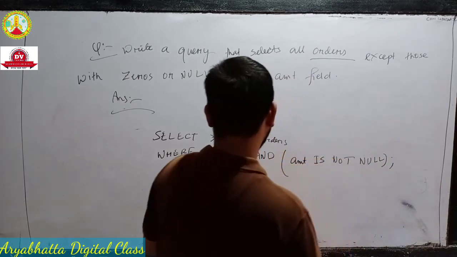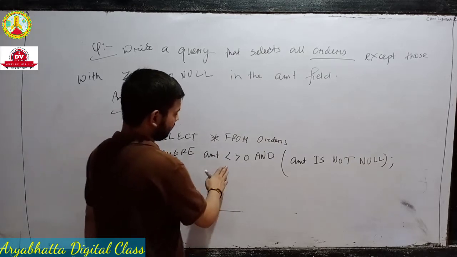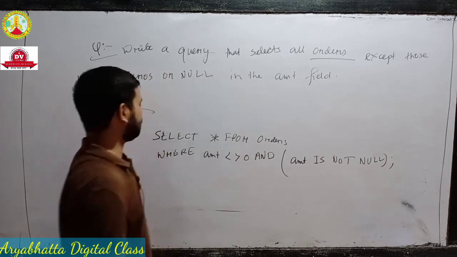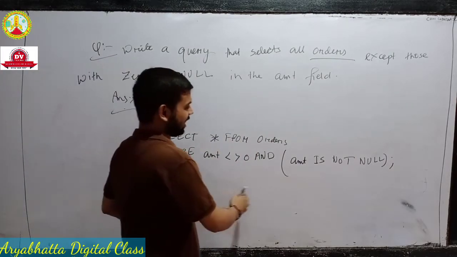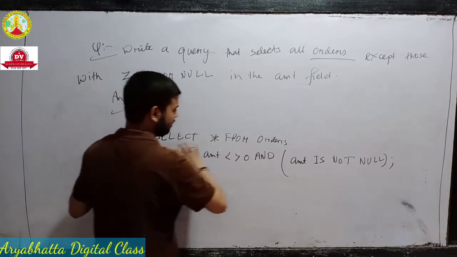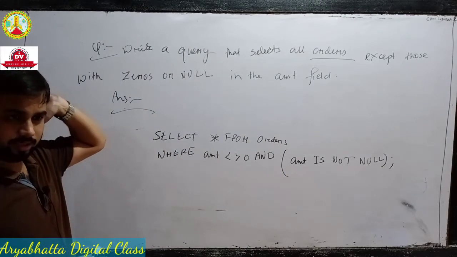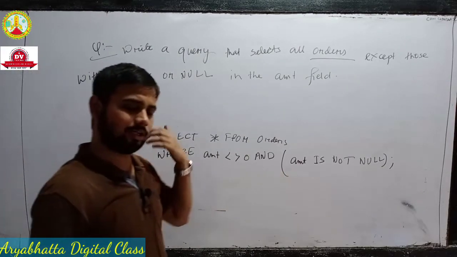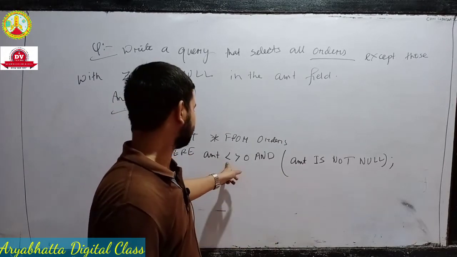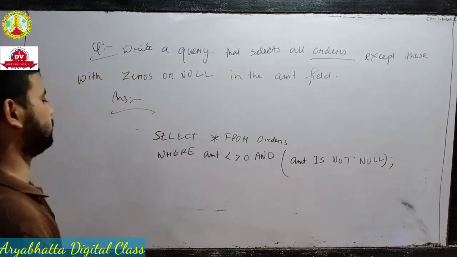Okay, you see, select star from orders where amount is neither less than nor greater than, means which is null or 0 will be excluded, and amount which is not null will be included. In this condition the table displayed has only those rows which are not null. That's why we use this symbol, and we write the word not null. Understood? Okay.